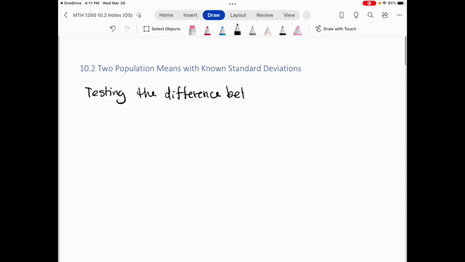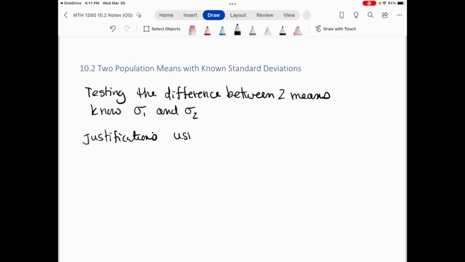So when we're testing the difference between two means, and we know the sigma for the first population and the sigma for the second population, these are justifications for using a two sample z-test. Okay, you have to meet one of these conditions.